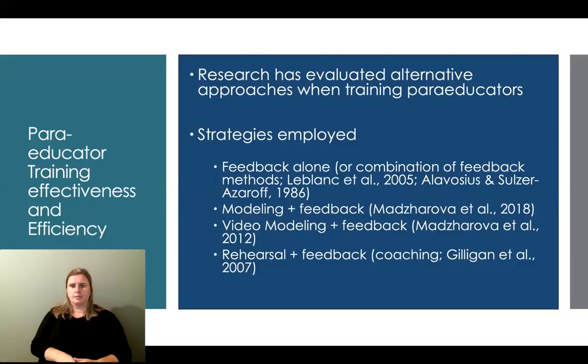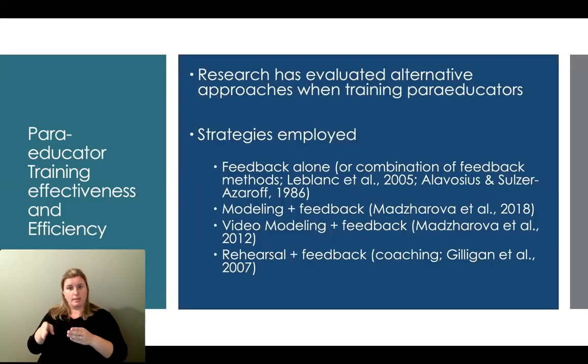So there has been some research that has evaluated what we would call abbreviated training strategies or brief feedback-based strategies. Some of these strategies have been effective at training paraeducators supporting students with autism in actual special education classrooms. So for instance, feedback alone, or a combination of feedback methods.